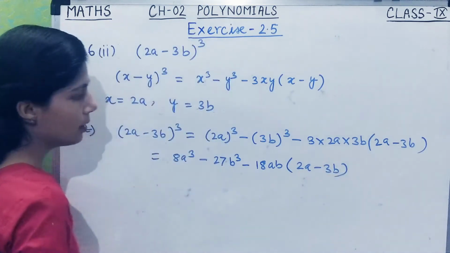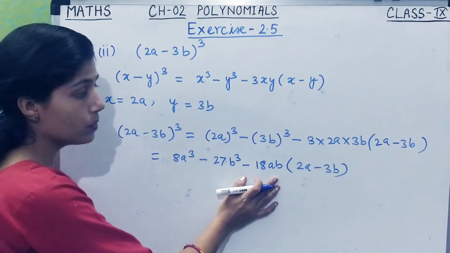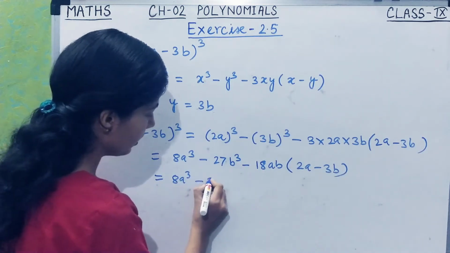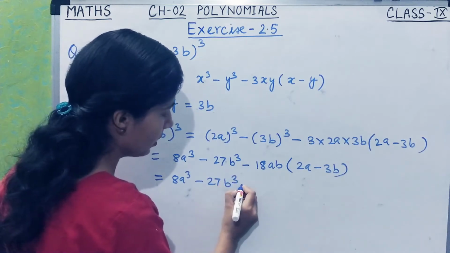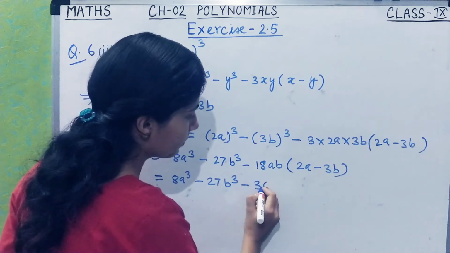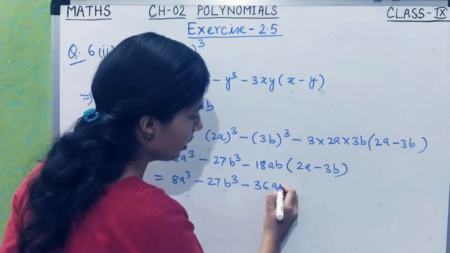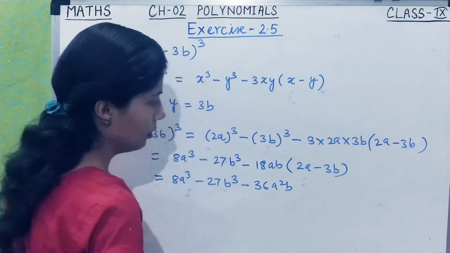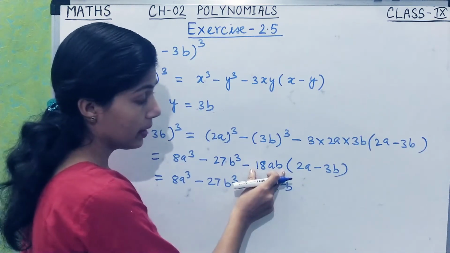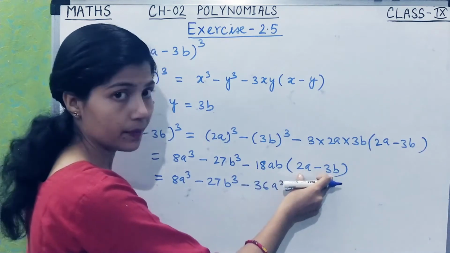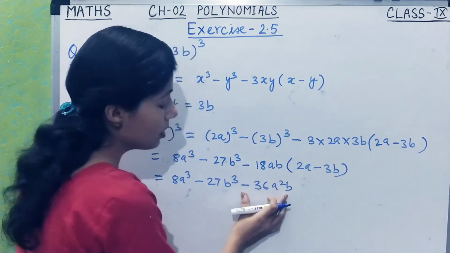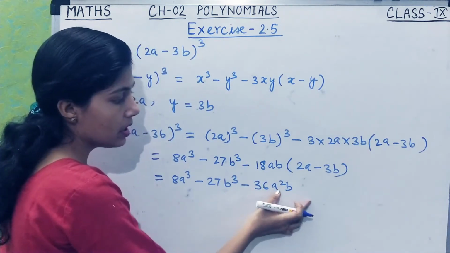Now we have to write its expanded form, so we have to remove this bracket. So 8a cube minus 27b cube, and then if you open this bracket, you multiply the outer quantity with the inner quantities. Minus 18ab into 2a is minus 36a square b.